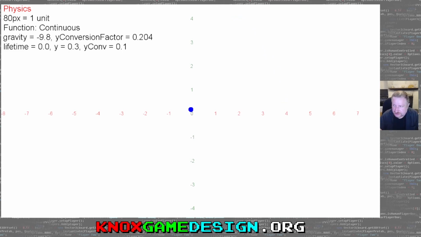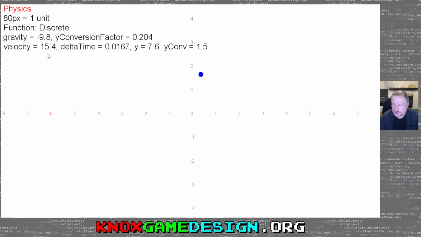So this is using the continuous function, using the lifetime and initial velocity. The other method is the discrete. So every time it's updating the velocity based on the acceleration and updating the y coordinate. So that's basically what it's doing right here.